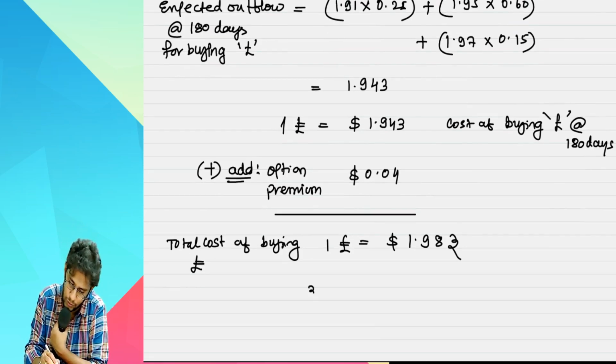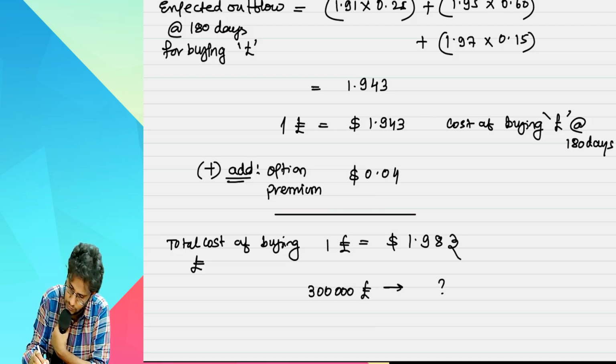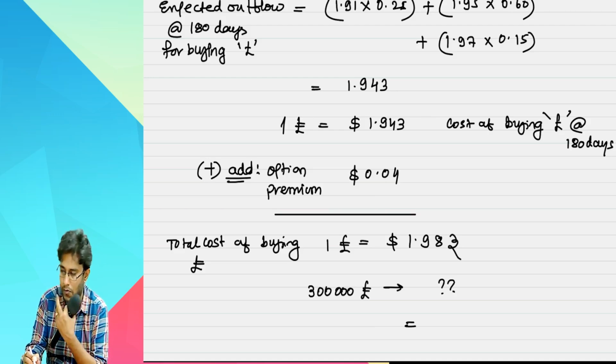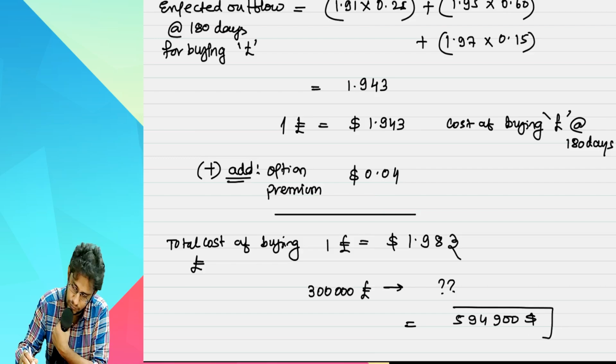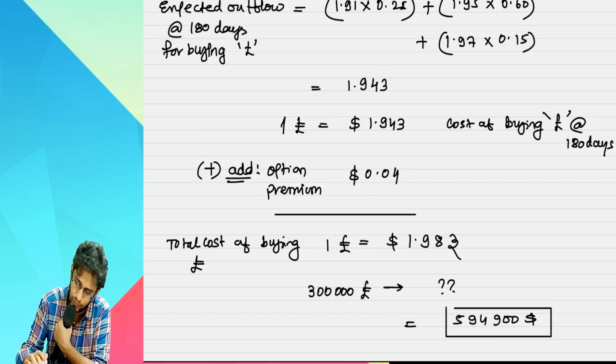So $1.983. How many pounds do you have to buy? 3 lakh pounds. Work this out: 594,900. What is this? Dollars. This is your ultimate outflow.